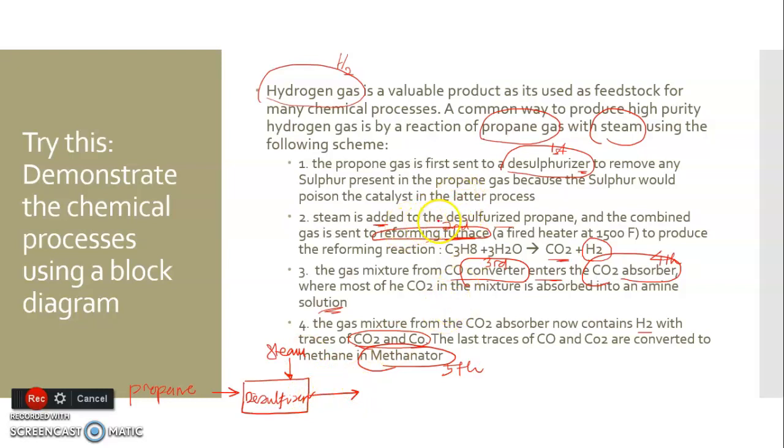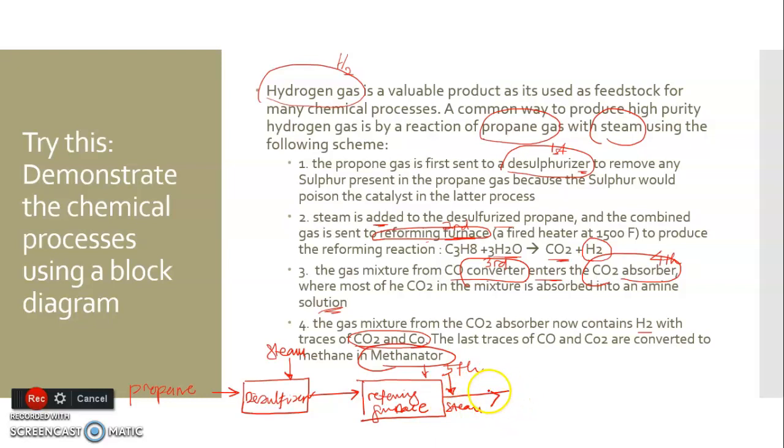Steam is added to the desulfurized propane. Meaning in here we put steam, and then it says reforming furnace. In the reforming furnace, okay, and here it gives the reaction again using H2O, meaning it still uses steam. You can put steam here, or you can put steam here, either one.